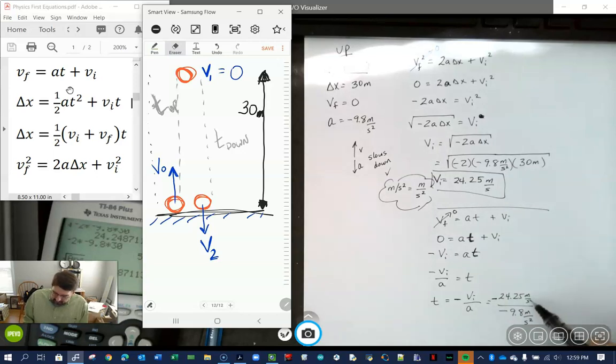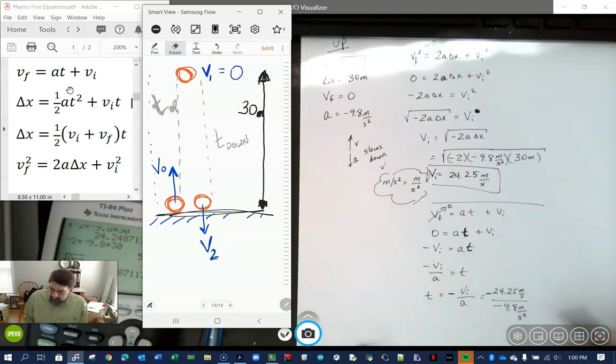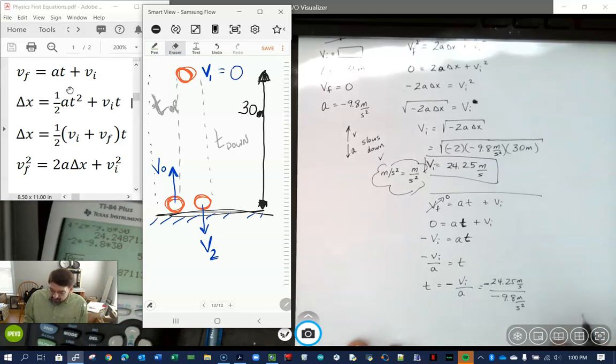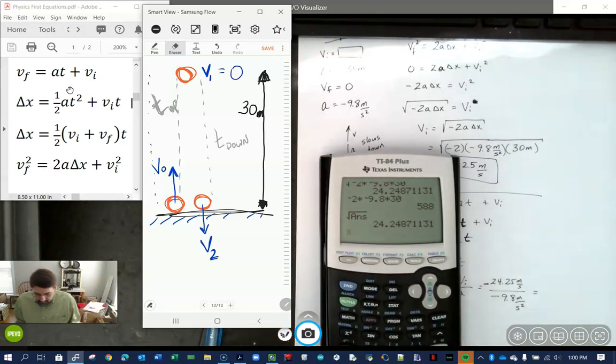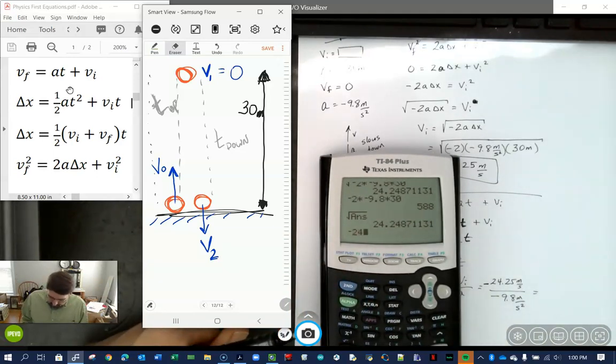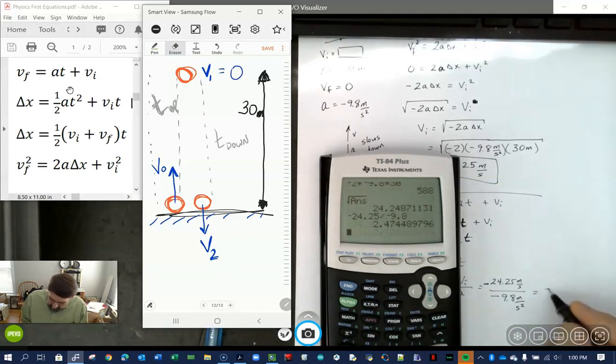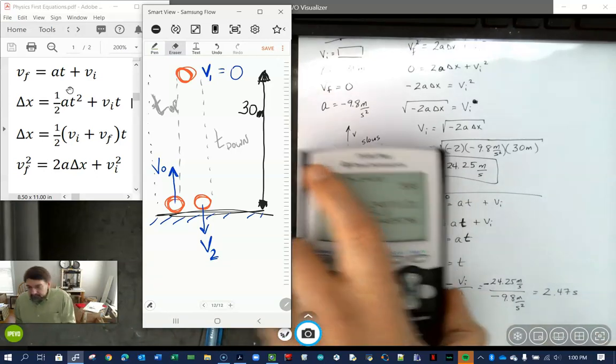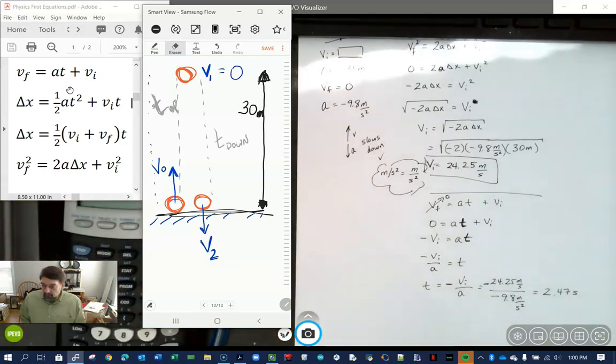Okay, and what is a meter per second divided by meter per second squared? It's just a second. So now when we plug this in, 24.25 divided by negative 9.8, we get a positive 2.47 seconds.